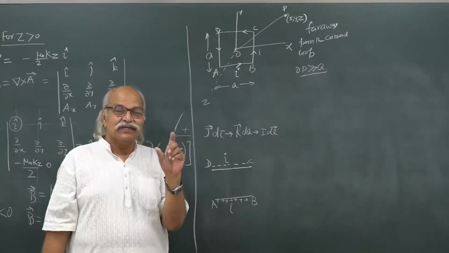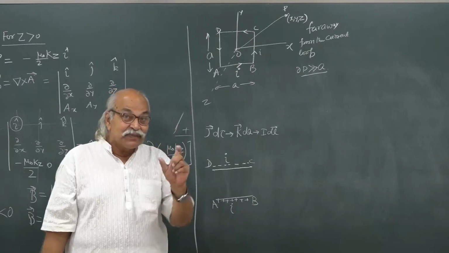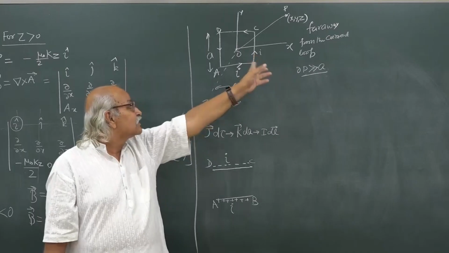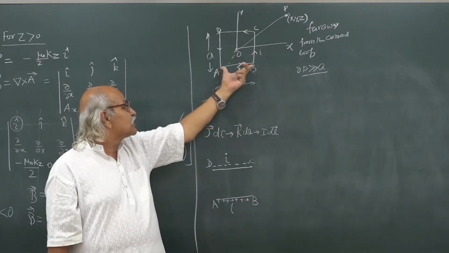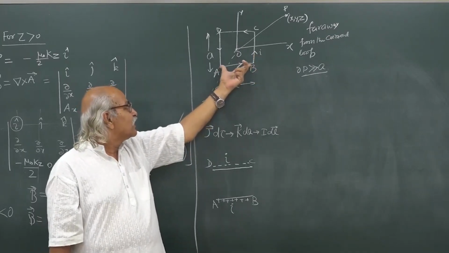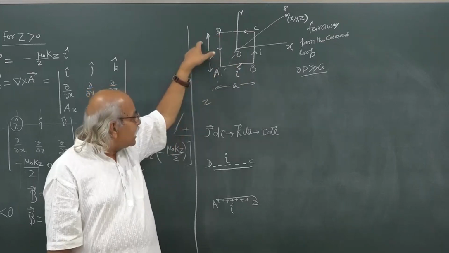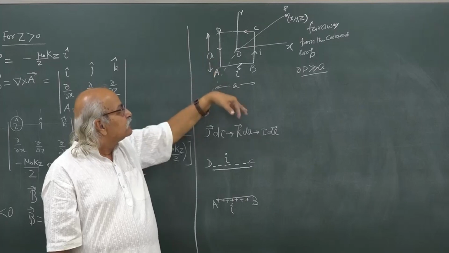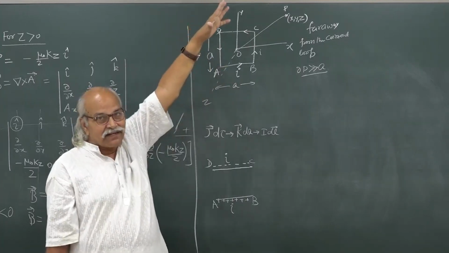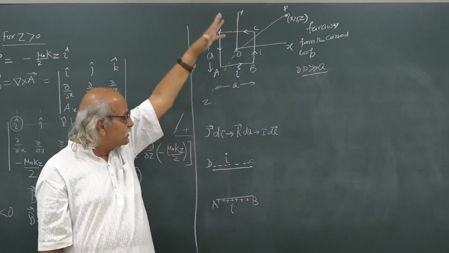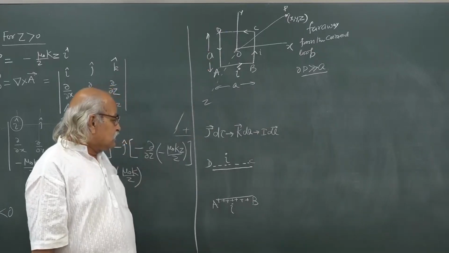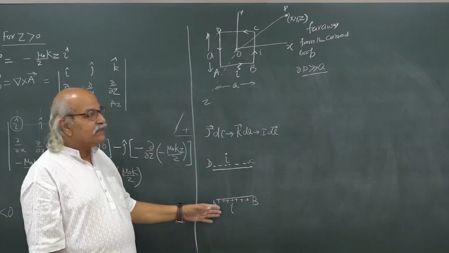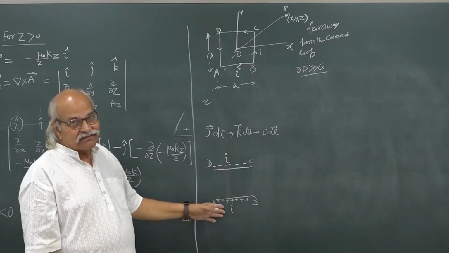There has to be some length with respect to which you say the distance is very large. Here the length of this edge of the square gives me the scale. With respect to this A, if this distance is very large, then we will say it is a far away point. Now, for that, you can treat this as an electric dipole, right?